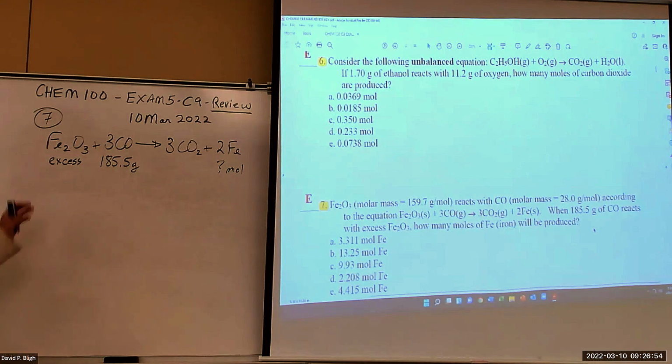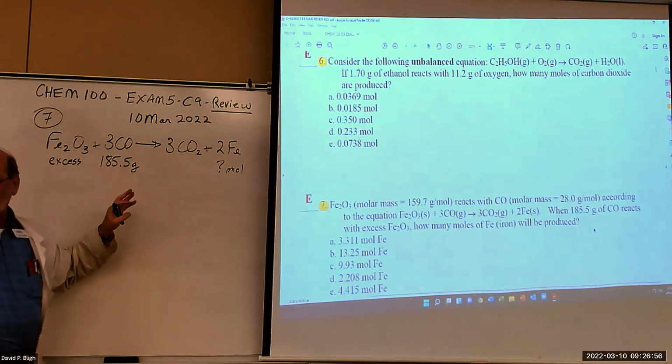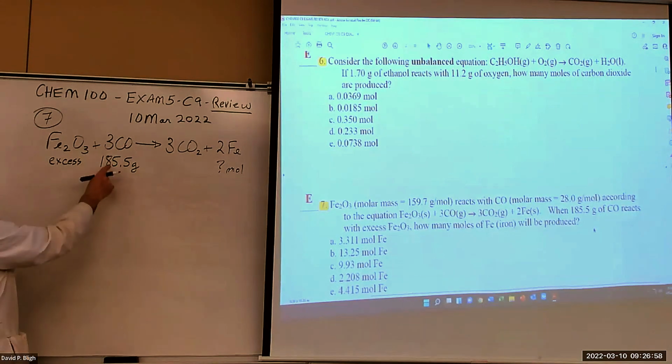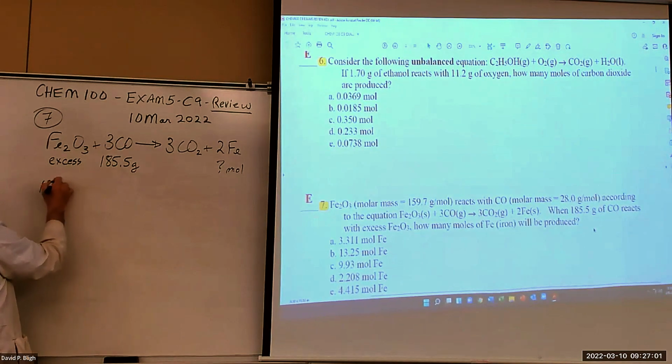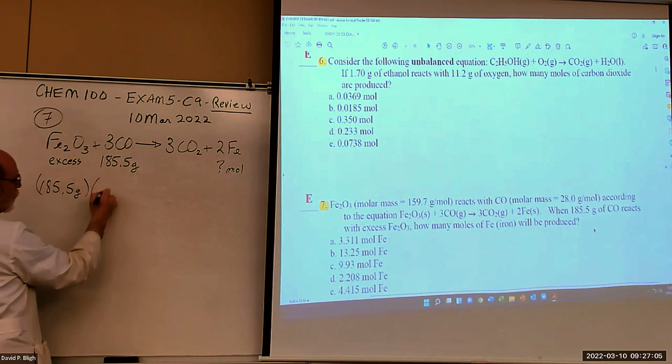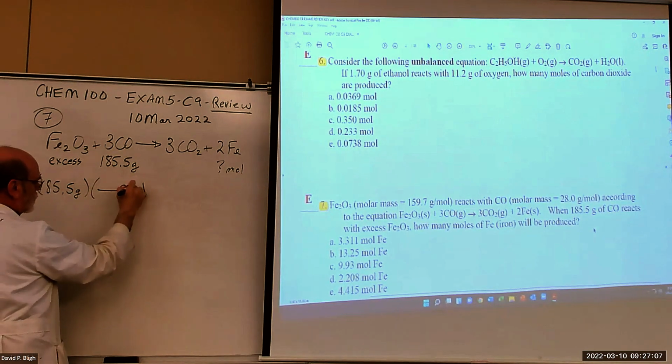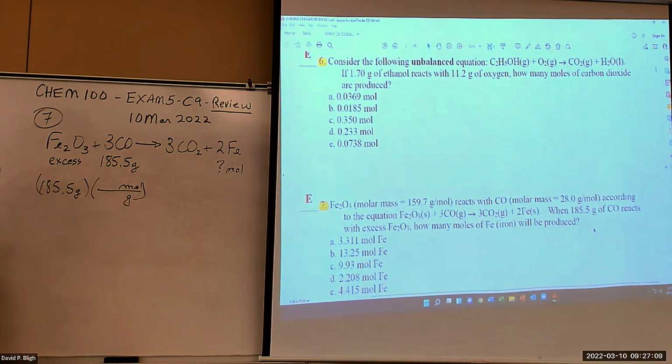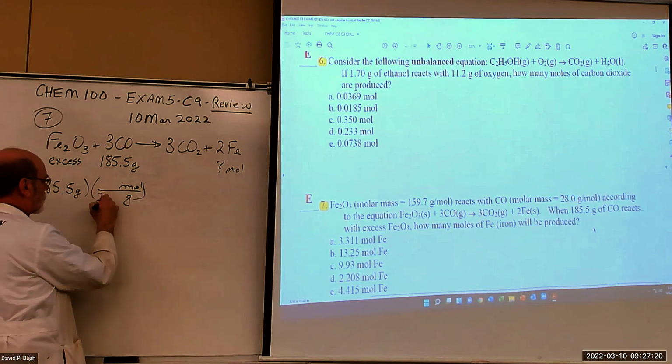How do we get from one side to the other? Got to have moles. So we have to convert this to moles. Grams and moles in a quotient means molar mass. And the molar mass has been given to us for carbon monoxide. Carbon monoxide, 28 grams per mole.